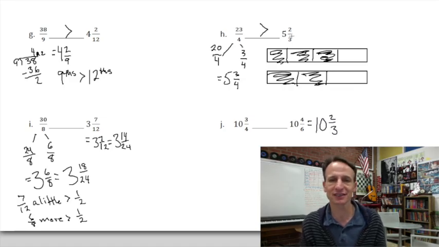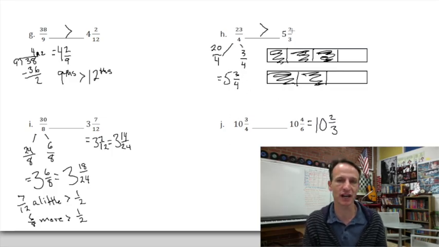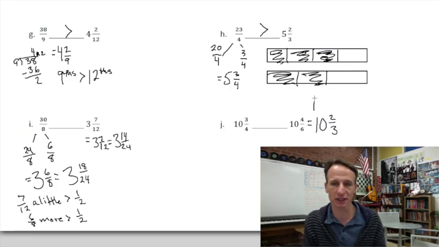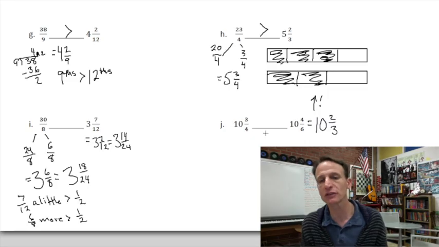Didn't we just do one like this? Didn't we just compare 3/4 and find that it's more than 2/3? We did. Look, 10 3/4, 10 2/3, and here we did 5 3/4, 5 2/3. And so that's all we need to do. It's the same thing. So we know 10 3/4 is more than 10 2/3.